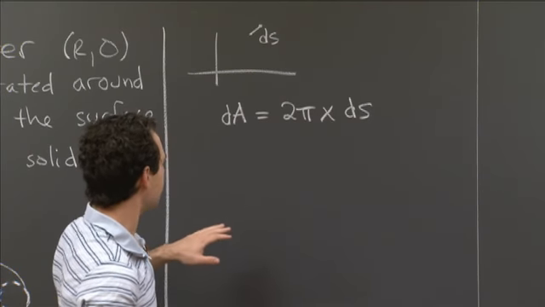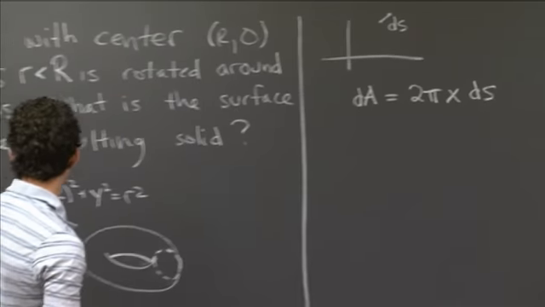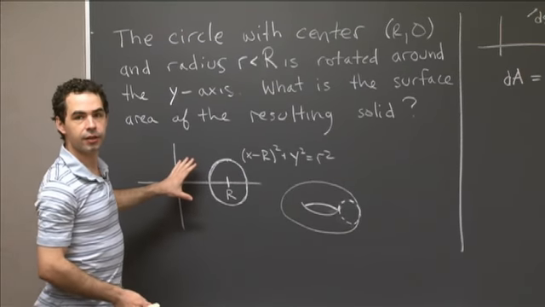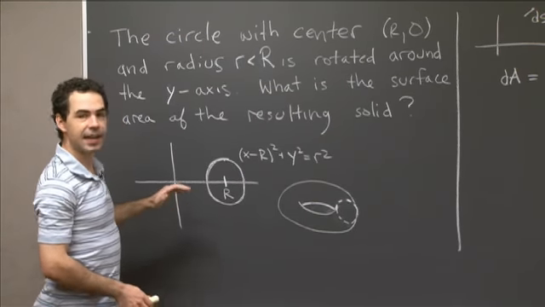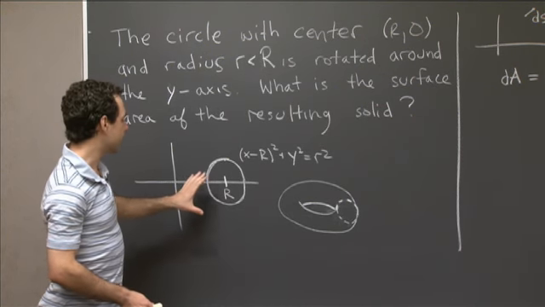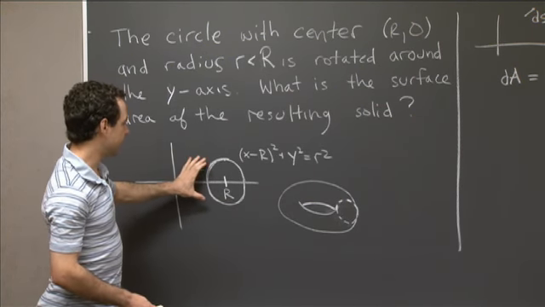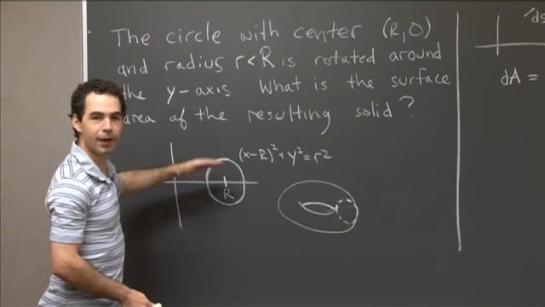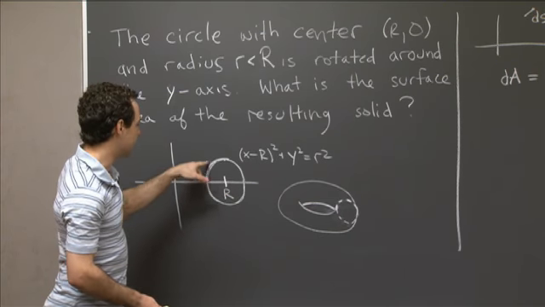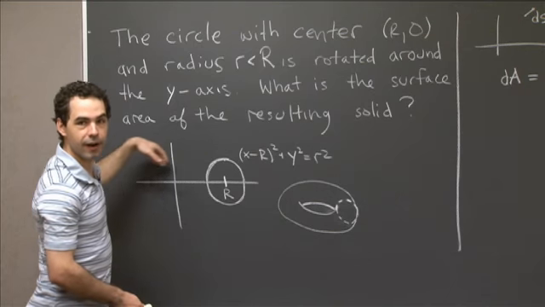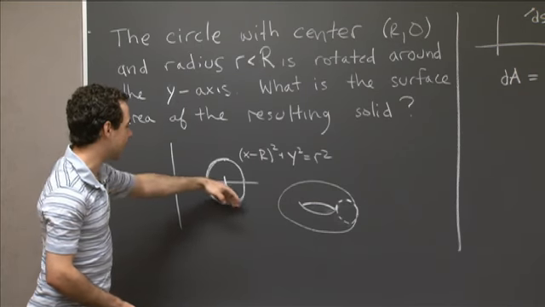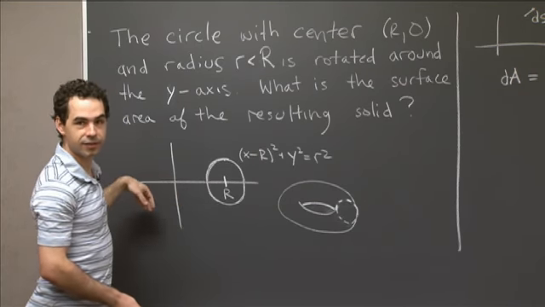So in our particular case with this torus, I think we can take advantage of a little bit of symmetry here, which is that this torus is top-bottom symmetric, right? As the top half of the circle goes around, it traces out one surface. As the bottom half of the circle goes around, it traces out another surface.